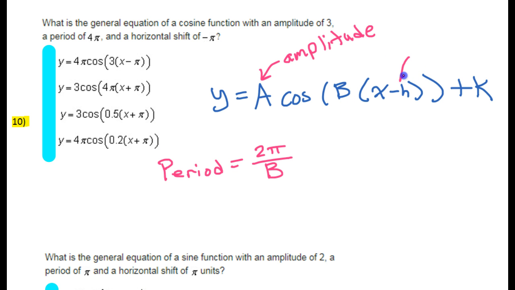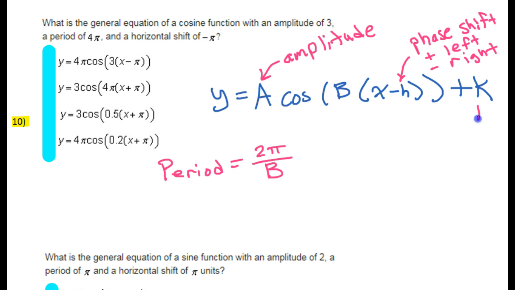This H value is the phase shift. Okay, it is horizontal. If this number is positive, it's going to be left. And if this number is negative, it's going to be to the right.